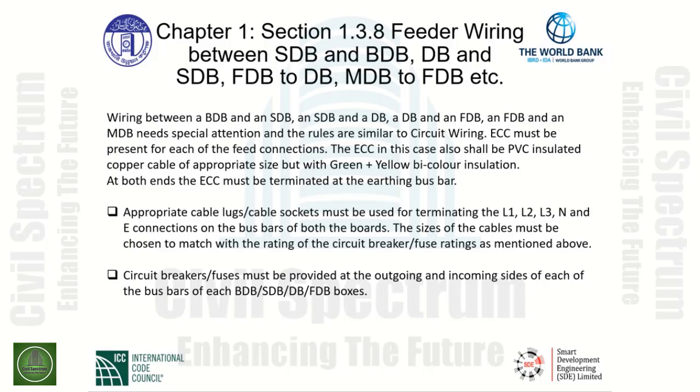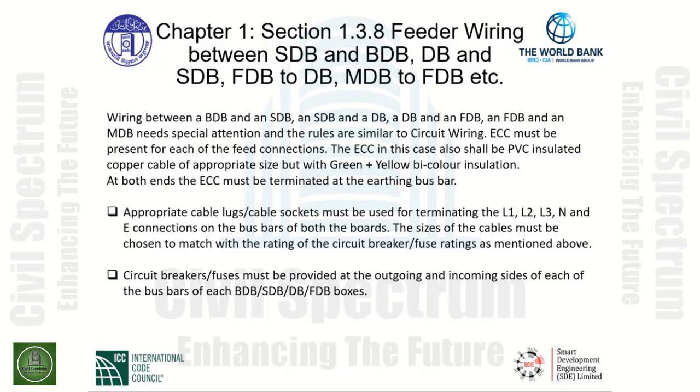This particular wire, the earth continuity conductor, is the conductor that carries ground fault current back to its source and allows the overcurrent protection device to open the circuit on ground faults. Appropriate cable lugs, cable sockets, must be used for terminating the L1, L2, L3, neutral and ECC connections on the bus bar of both the boards.